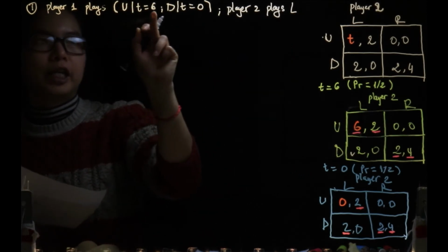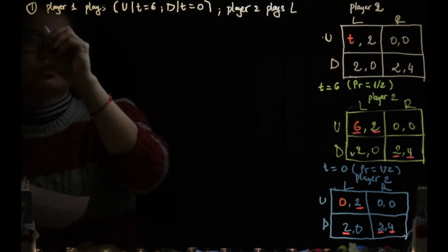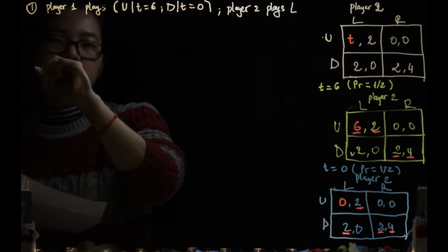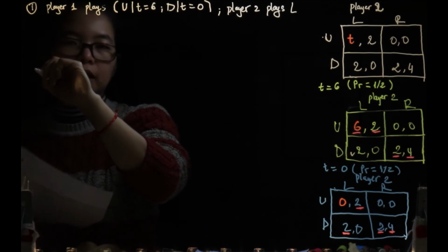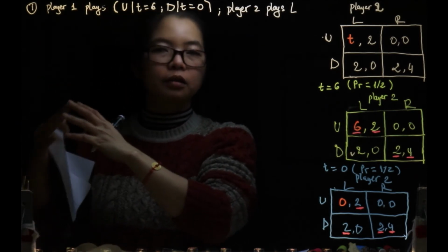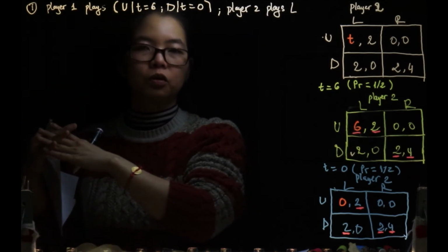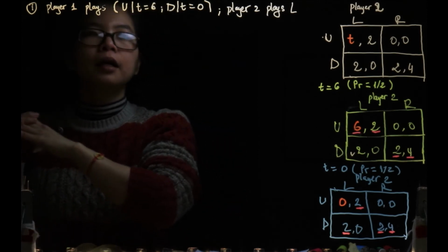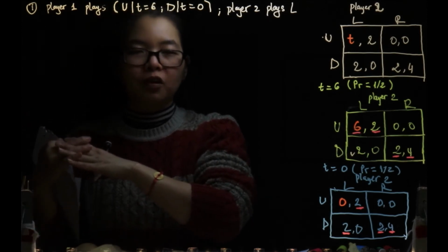Okay, let's check. Remember the condition for the Bayesian-Nash equilibrium: for both players, the strategy must be the best response, generally. And how do we check if that's the best response?